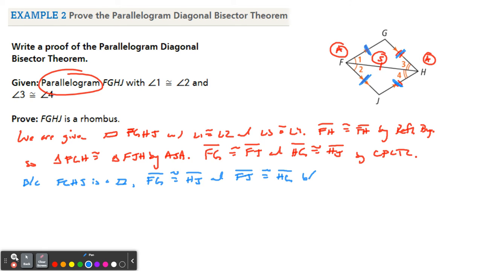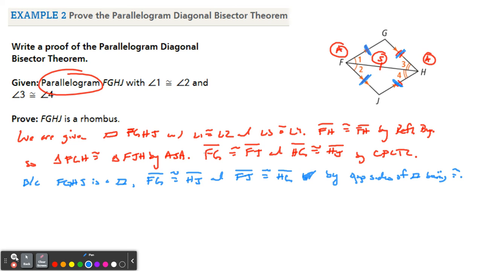How would I write this? Because those are by opposite sides of a parallelogram being congruent. Something like that, I'm just making it up. Being, that's the word being. If you can't tell, being congruent.